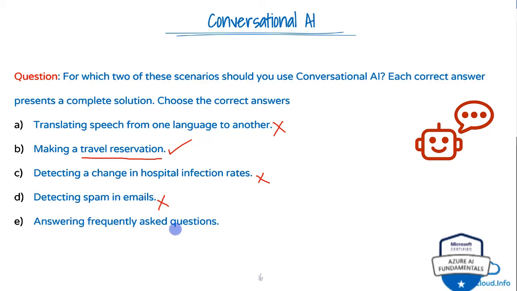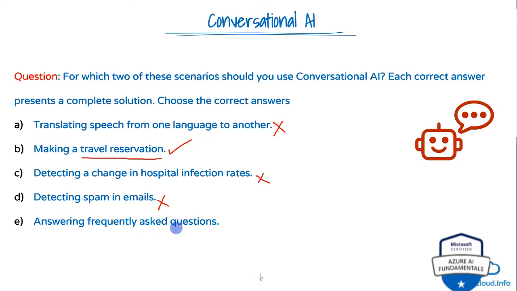Answering frequently asked questions. Another use of conversational AI is responding to human questions with answers from a knowledge base of questions. Basically, we provide all this information, hundreds of questions, to the AI model, and it creates the knowledge base. And using that knowledge base, the AI responds to the human's question.